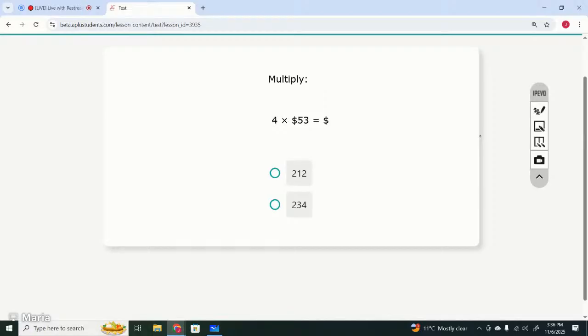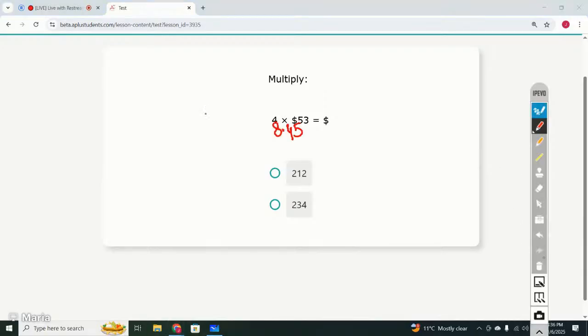Multiply 4 times 53. So let's just multiply 53 times 4. 4 times 3 is 12. Write 3 here and carry 1. 4 times 5 is 20 and 1. 21.